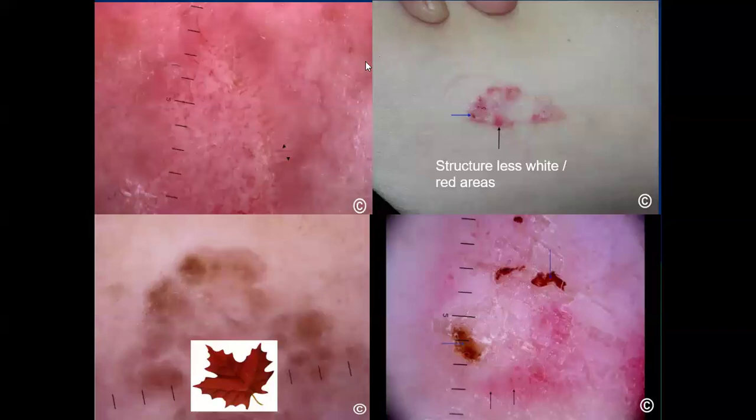On dermoscopy, there will be various patterns. The most typical pattern is the presence of structureless white-red areas, and in addition there are the maple leaf-like globules as well.